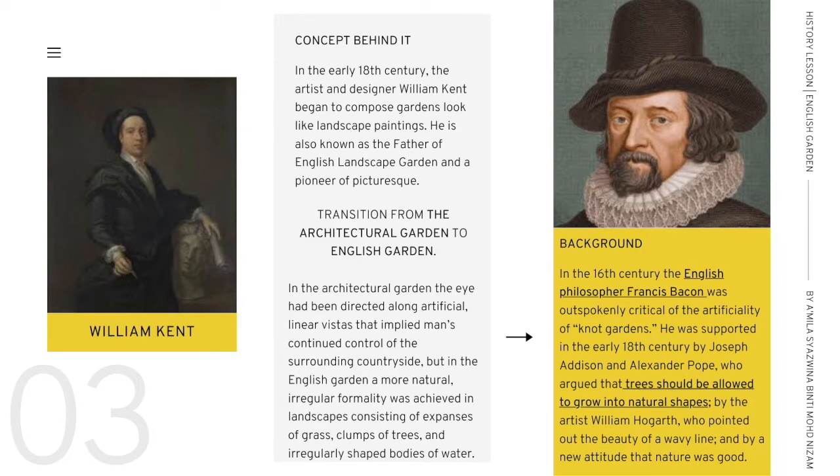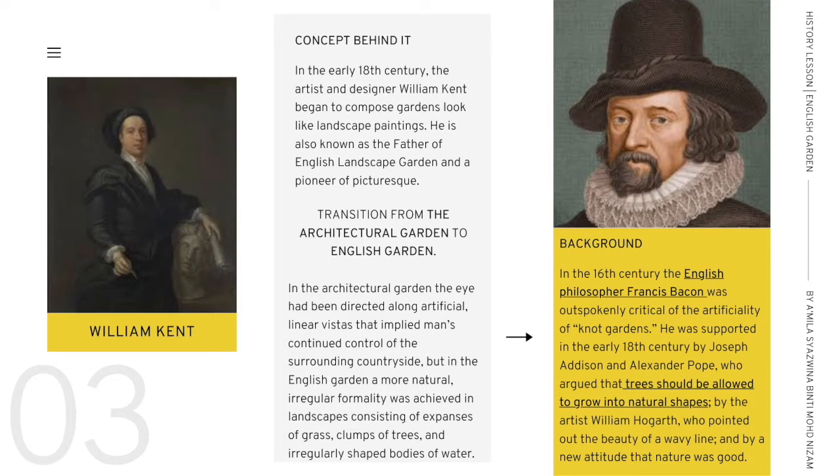Next, the concept of the English garden. The person who came up with this concept is known as William Kent. William Kent was an artist and designer in the early 18th century, and is also known as the father of the English landscape garden, as he came up with the concept of the transition from the architectural garden to an English garden.